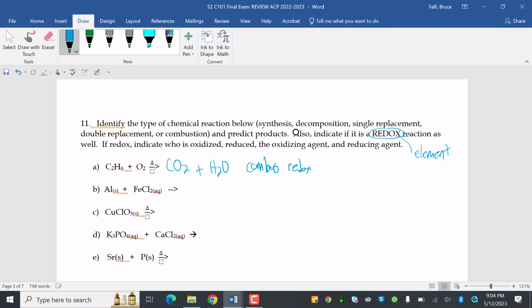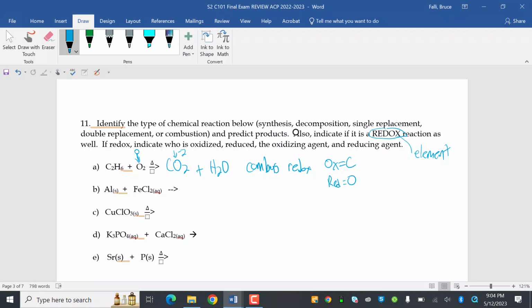The reason why is oxygen over here has to be 0, and oxygen is always -2 in a compound. So who's oxidized? Oxidation is loss of electrons, so if you lose electrons, you become more positive. It's not oxygen, so it's got to be carbon. Who's reduced? That's oxygen.